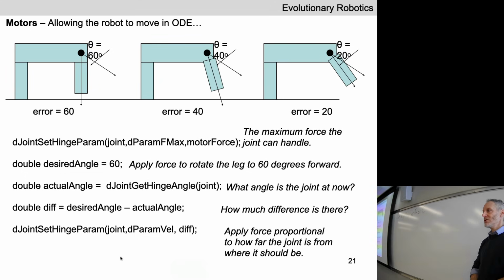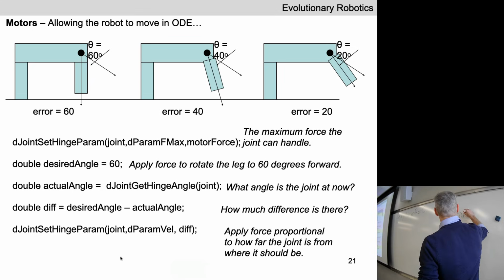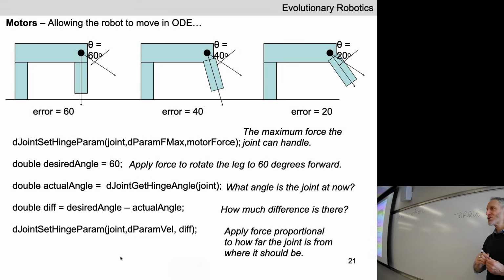What does the physics engine do with that information? How does it handle this new information, 40 rather than 60, differently? It reduces the torque that's applied, so it slows down as it gets closer. My apologies, I don't know that I've mentioned this before, for the people who don't quite remember their high school physics.